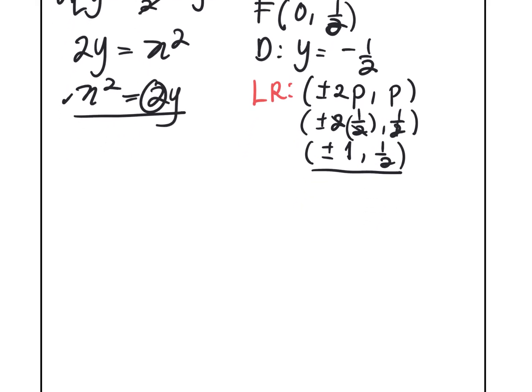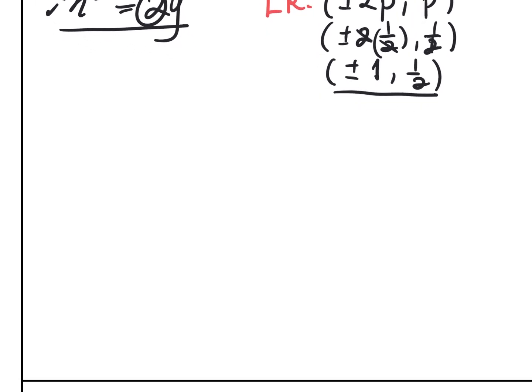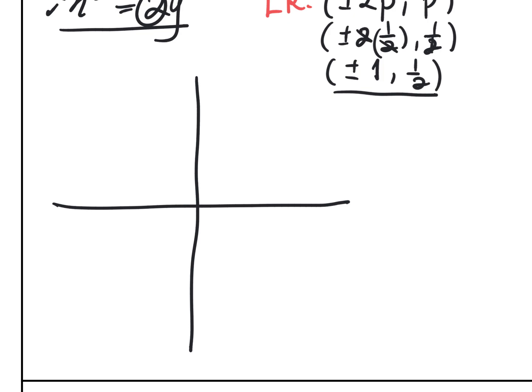Okay, so let's now sketch the graph. So this is going to be our graph. I'll just make it a little bit big in here because there's 1/2 in there. 1/2 is really very small. Here this is going to be our 1, and this is going to be our negative 1. So the graph is going to be at its vertex 0, 0, and this is going to be my directrix.